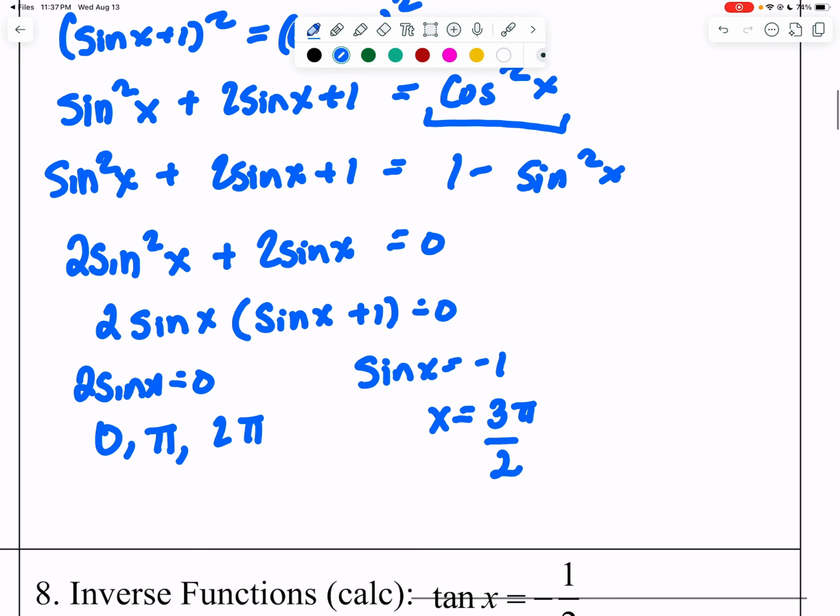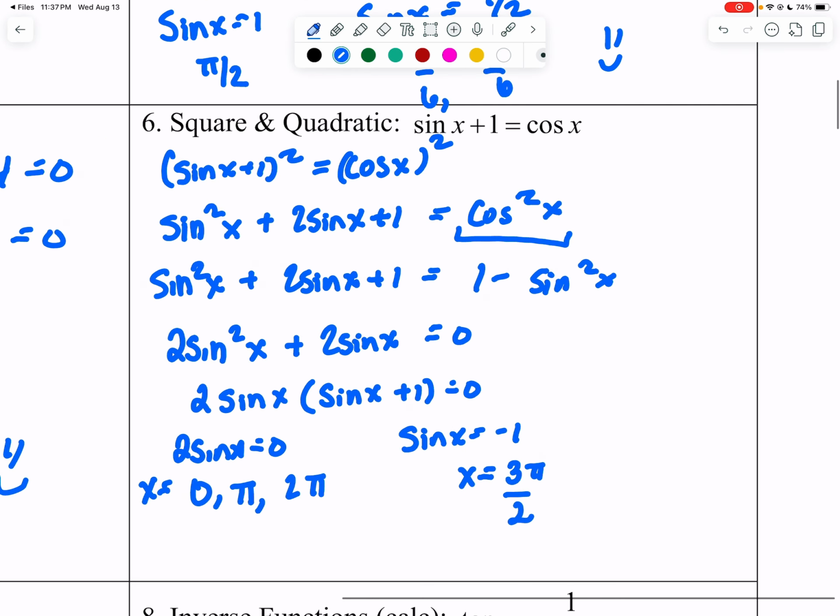So, like I said earlier, these are my 4 answers, but we might have extraneous solutions. So what we are going to do here is a quick plug and chug. All of these are basically quadrantal angles, so it shouldn't be that hard for us to plug and chug, especially since 0 and 2 pi are basically the same thing.